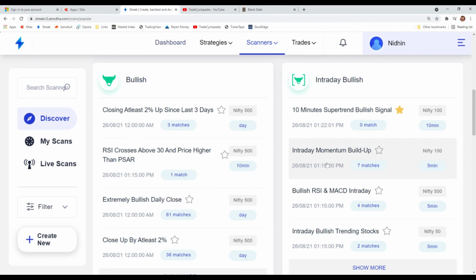If we create any scanners here and add a few stocks, it will keep on analyzing them, and we can even select Nifty 50 or Nifty 100, and it will keep scanning the market all the time at the frequency we specified. We'll get a prompt, and we can immediately create a strategy. That also I will be explaining. So this is just a basic overview.